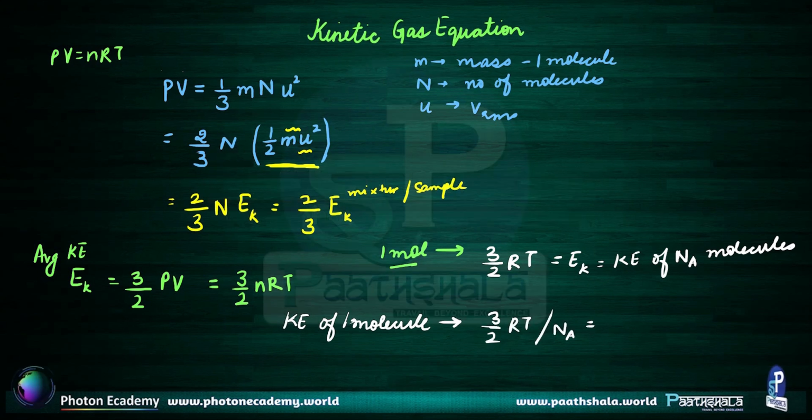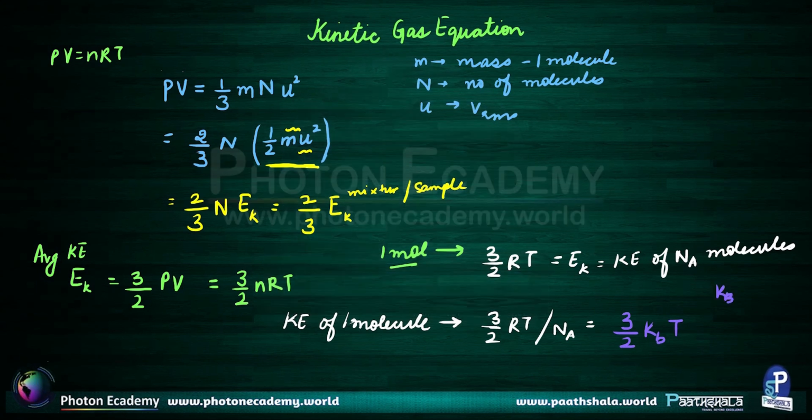So here we define another term which is R divided by Na and is known as the Boltzmann constant. It is represented as Kb, where Kb is equal to R divided by Na. So this is the kinetic energy per molecule, which is 3 by 2 kBT.